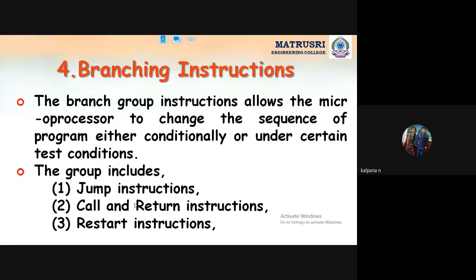Three: jump instructions, call and return instructions, and restart instructions. All three are used conditionally and unconditionally also. Understand? Branching instructions change the sequence of the program.